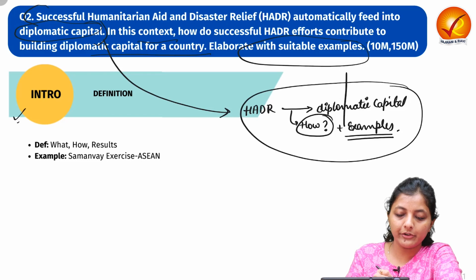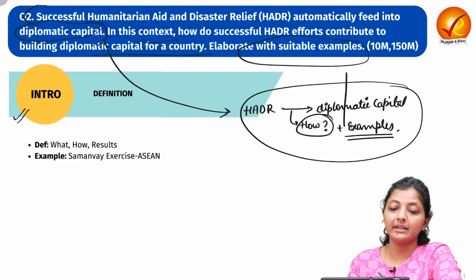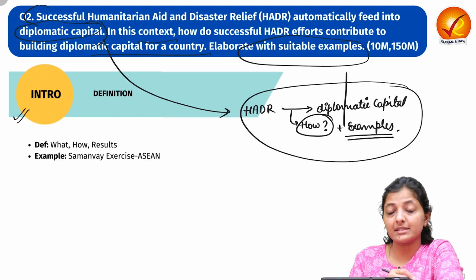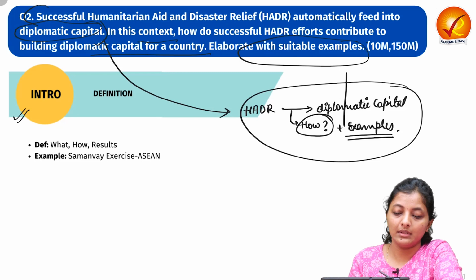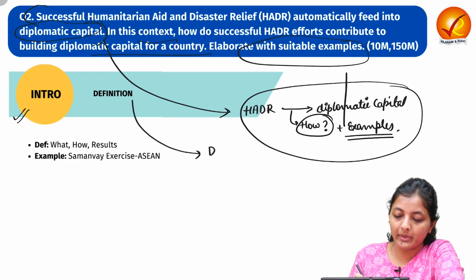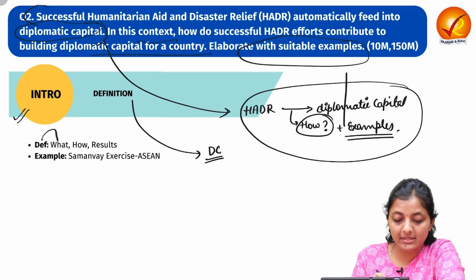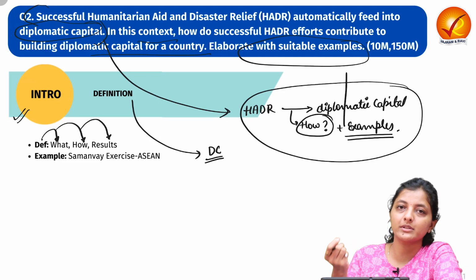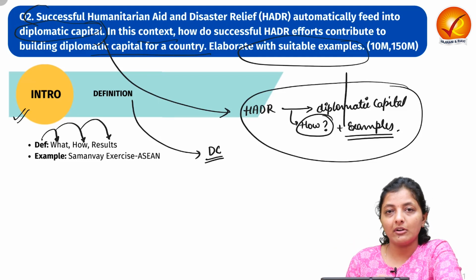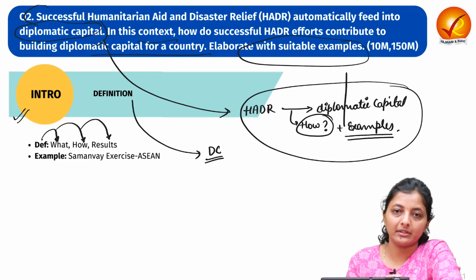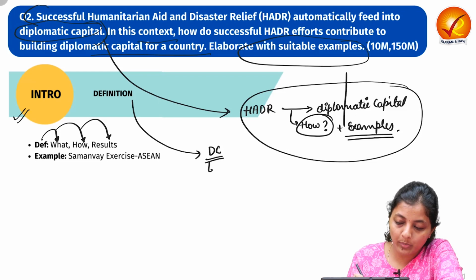Let's start with the intro. In the intro, you can write the definition of what is diplomatic capital. Let's understand what is diplomatic capital. And the definition should consist of what diplomatic capital is, how it can be built, and what are the results or the positive implications of building diplomatic capital. So what is diplomatic capital?